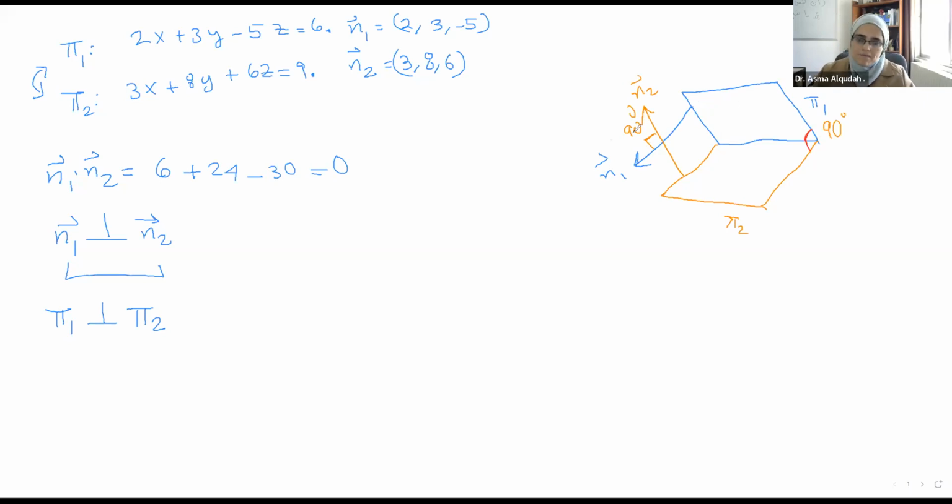So if we find that the two normals are perpendicular to each other, then the two planes are perpendicular to each other as well. But this is the special case where the two planes are perpendicular. Now let's take another case where the two planes are not perpendicular to each other.